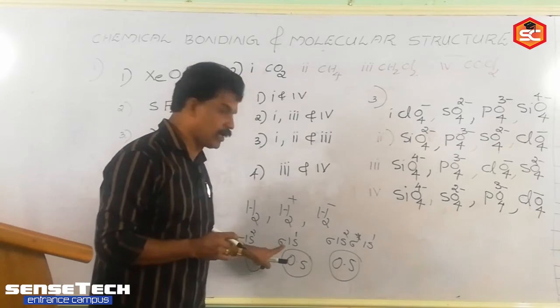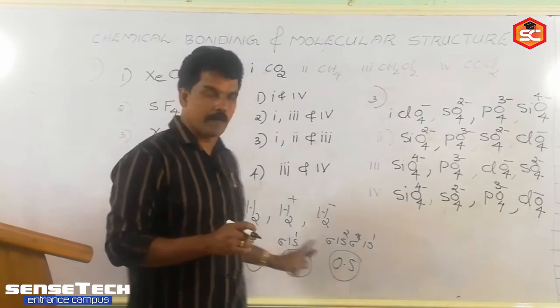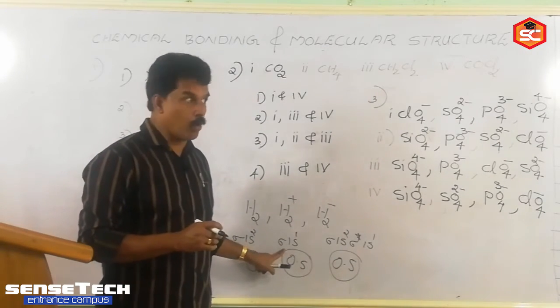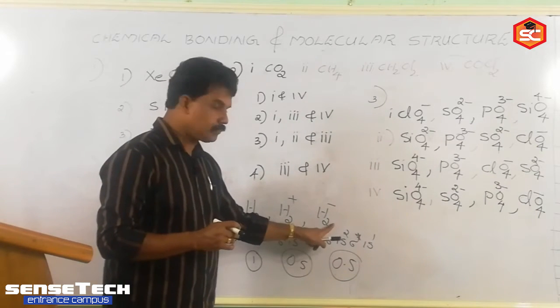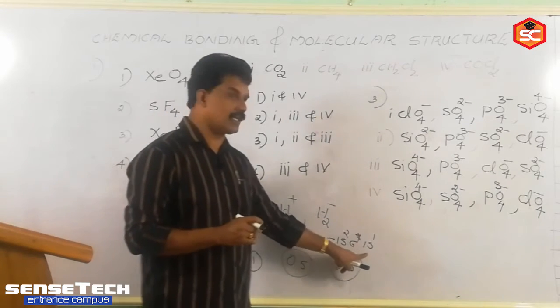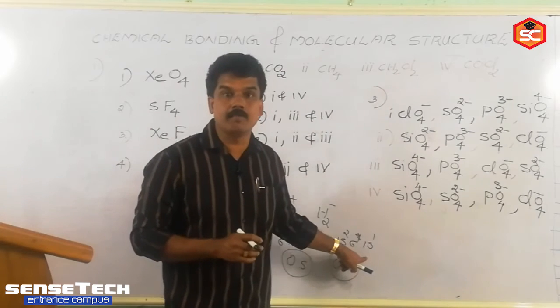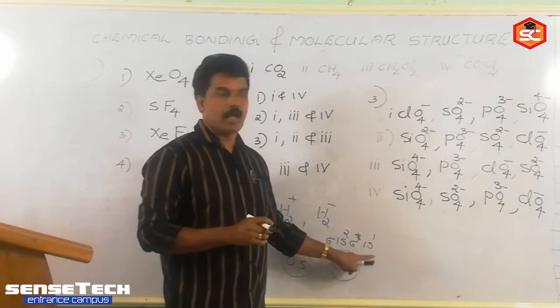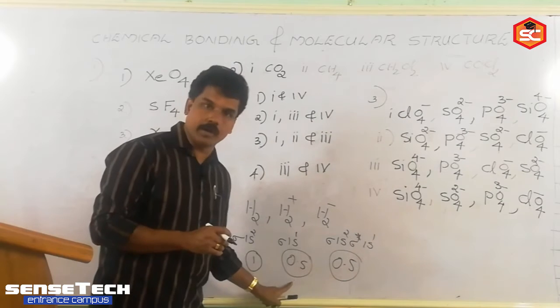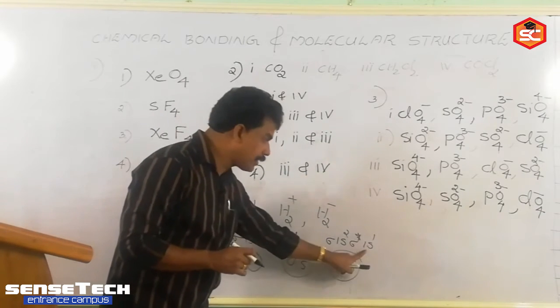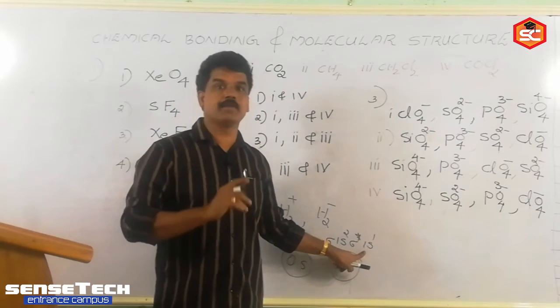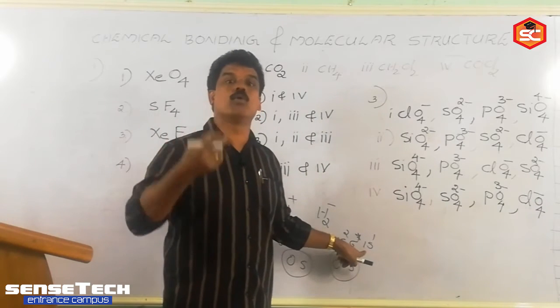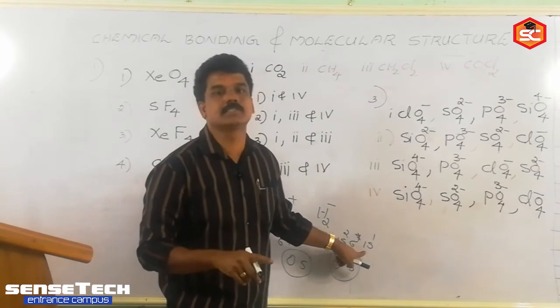You just look at the electrons. In He2 plus, 1 electron is in the bonding molecular orbital, and in He2 minus, the last electron is in which orbital? The anti-bonding molecular orbital. Same bond order, but the last electron is in the anti-bonding molecular orbital. Anti-bonding molecular orbital possesses more energy, so it is less stable.